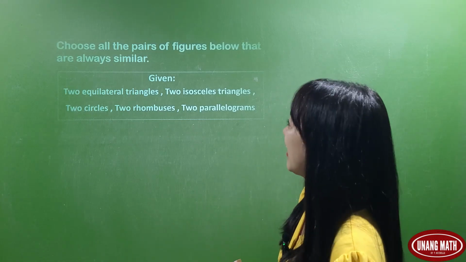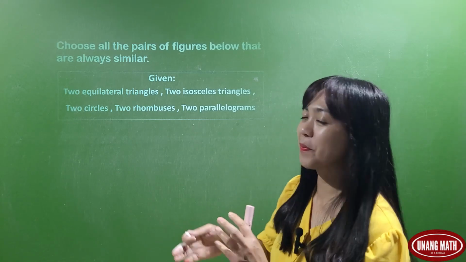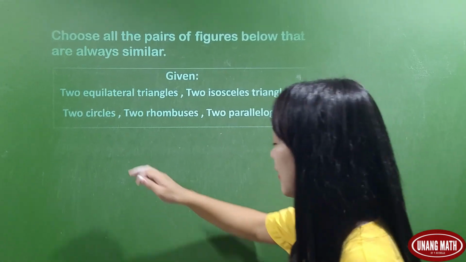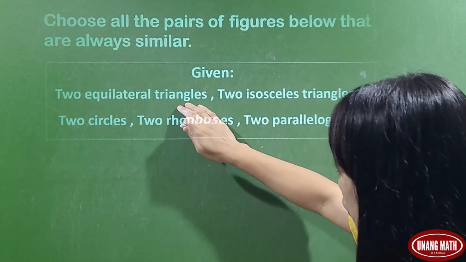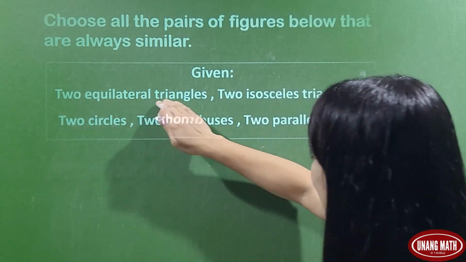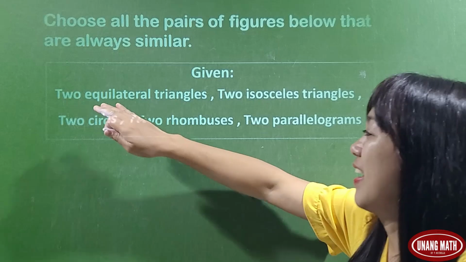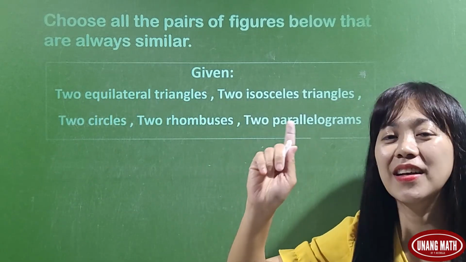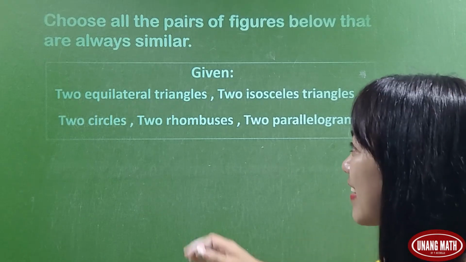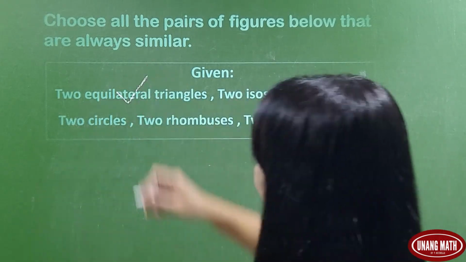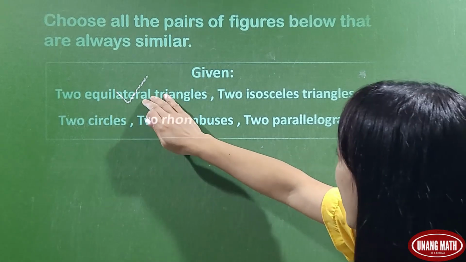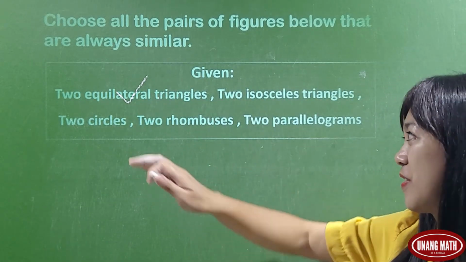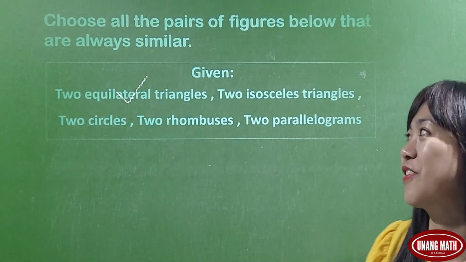Take a look at the first option, two equilateral triangles. Since we have two equilateral triangles, each angle measures 60 degrees, so this is correct. This pair is always similar figures.